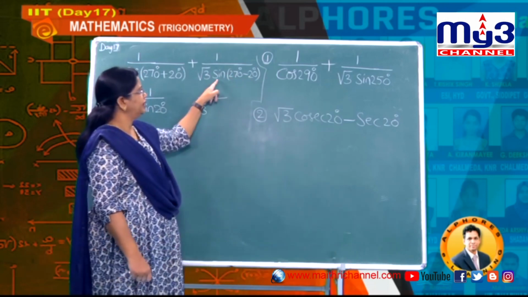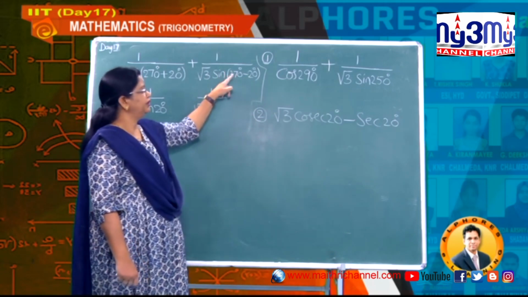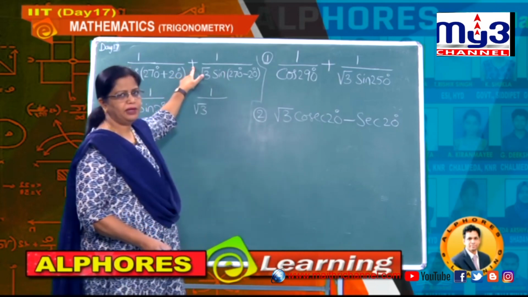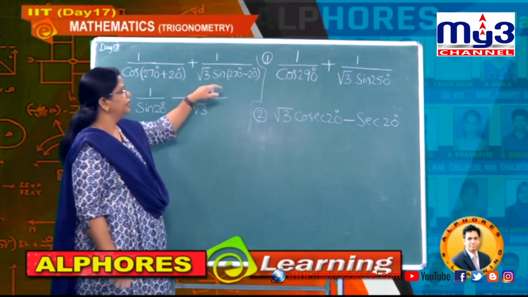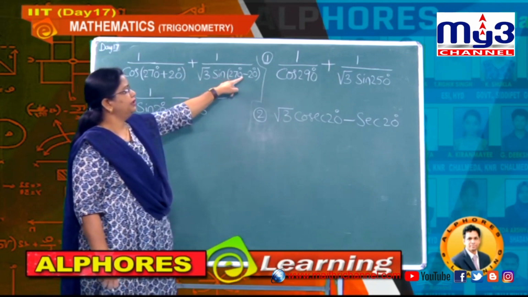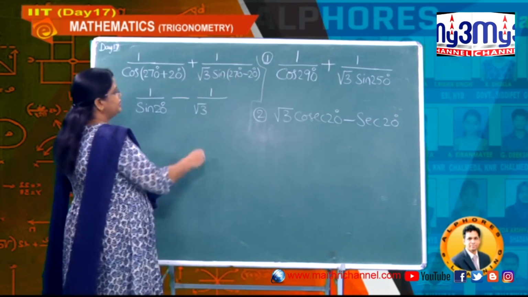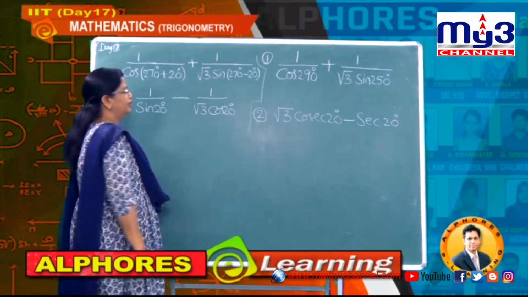In the third quadrant sine is always negative, so instead of a plus symbol I put a minus symbol. And since 270 is an odd multiple of 90, the function must change, hence it becomes cos 20 degrees. Got it, students?